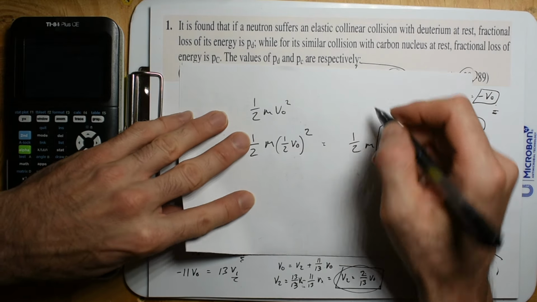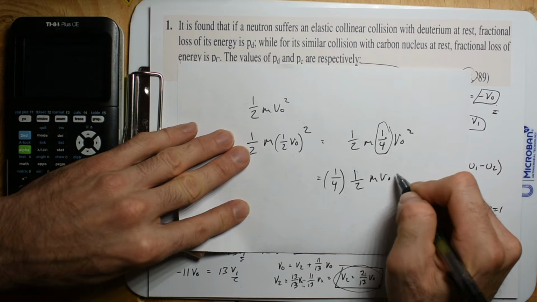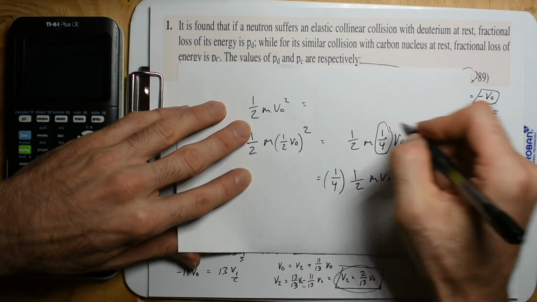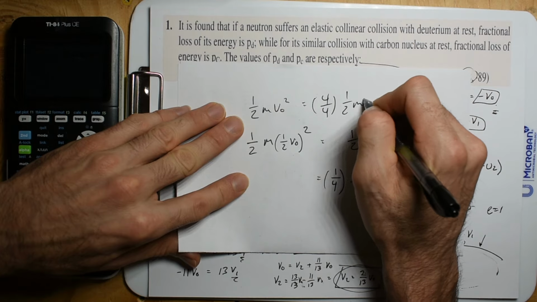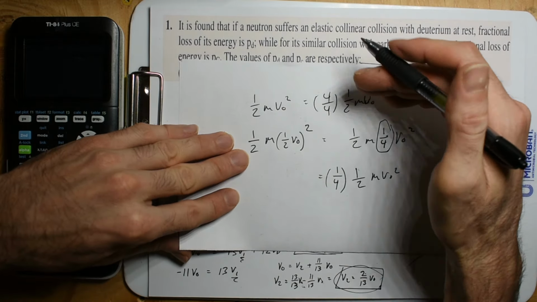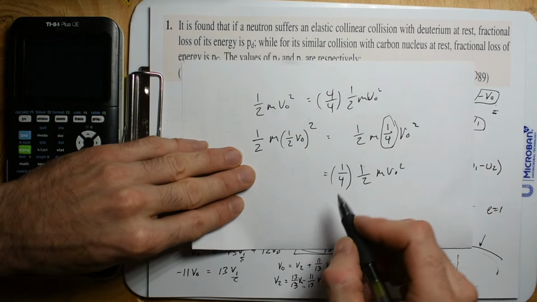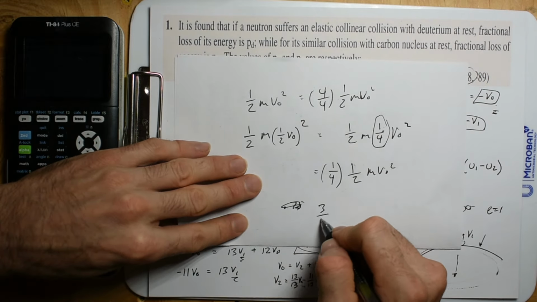We started with, and you can rewrite this as 1/4 out in front, that would probably be the more sensical way, 1/2 mv naught squared. And then you could write the initial as 4/4 of 1/2 mv naught squared. So you can see that we have a loss of 3/4, or 75%.